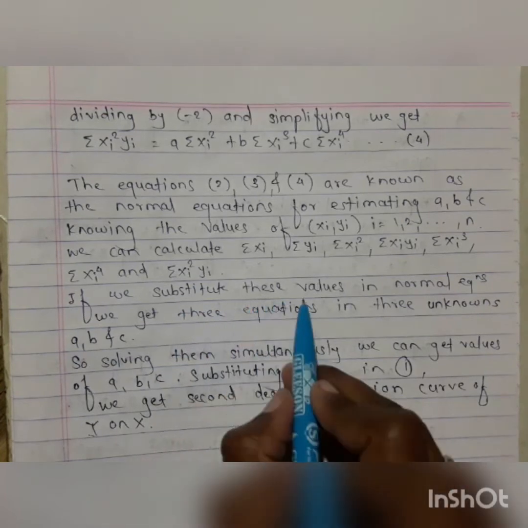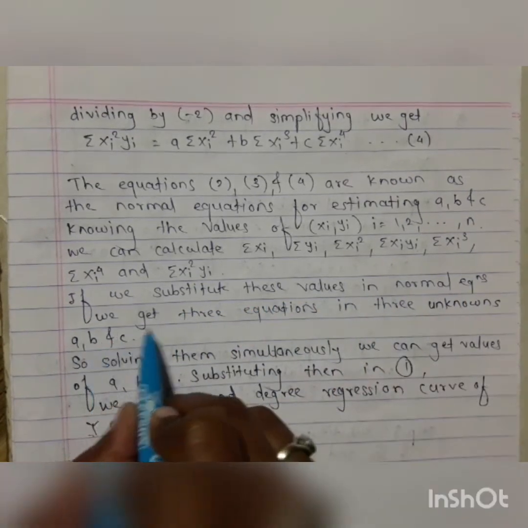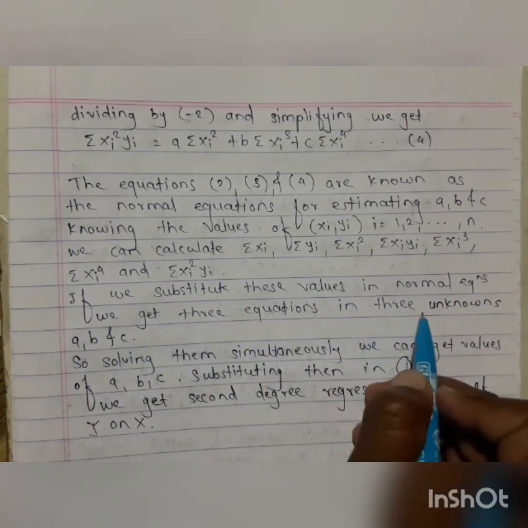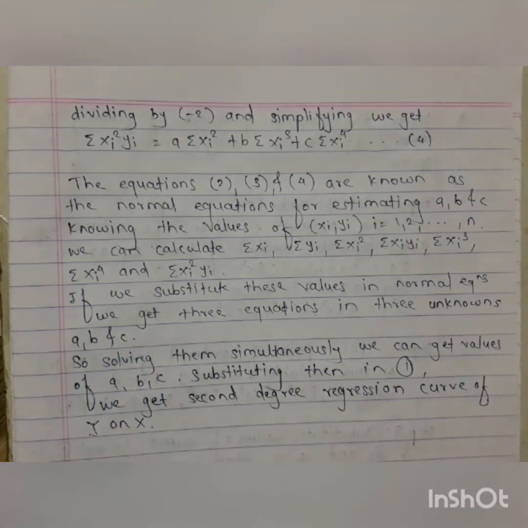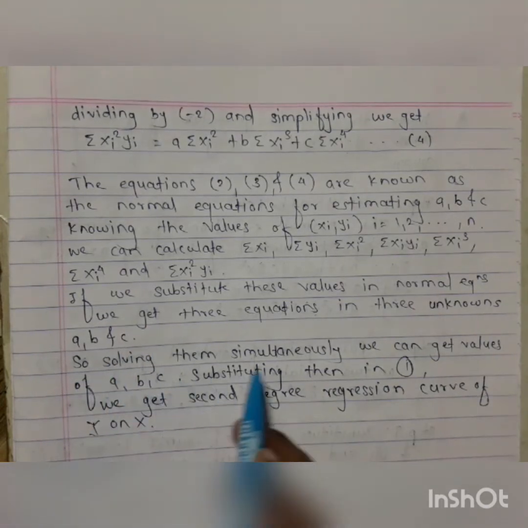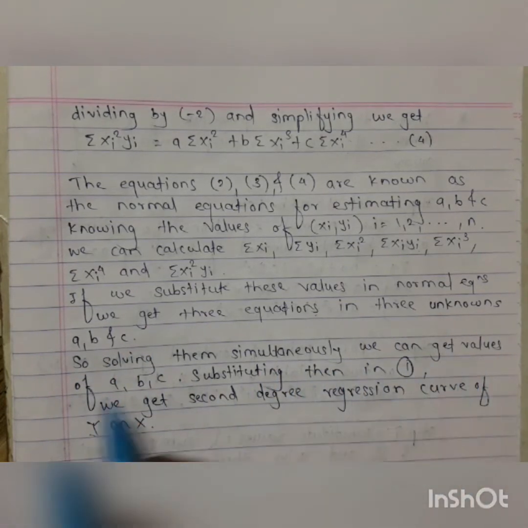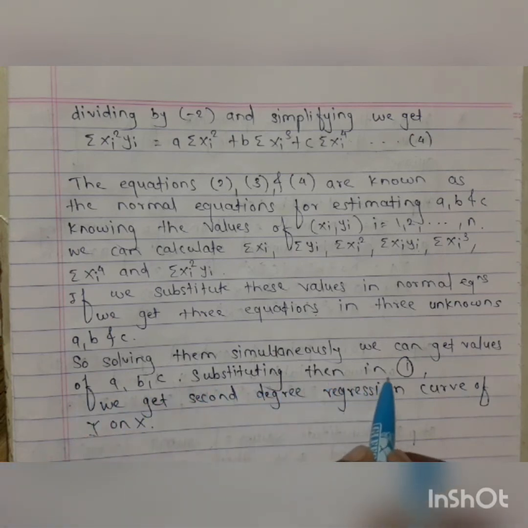If we substitute these values in the normal equations, we get 3 equations in 3 unknowns a, b and c. Solving them simultaneously, we get the values of a, b, c. Substituting them in 1, we get the second degree regression curve of y on x.